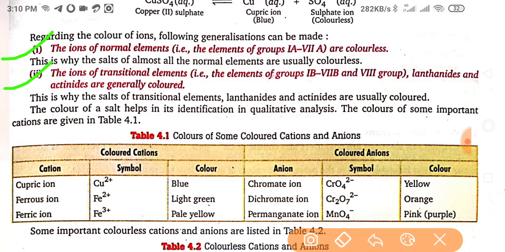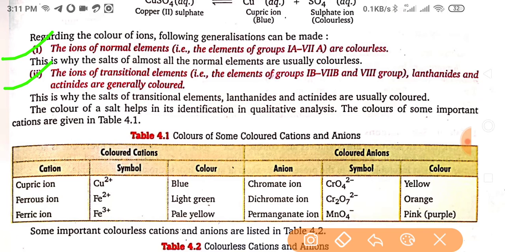And second, the ions of transitional elements, d block elements mainly, the elements of group 1B, 2B and 8th group, lanthanides and actinides, are generally colored. This is why the salts of transitional elements, lanthanides and actinides are usually colored.